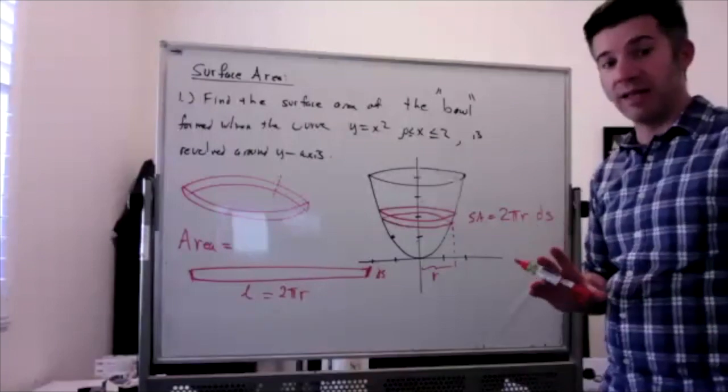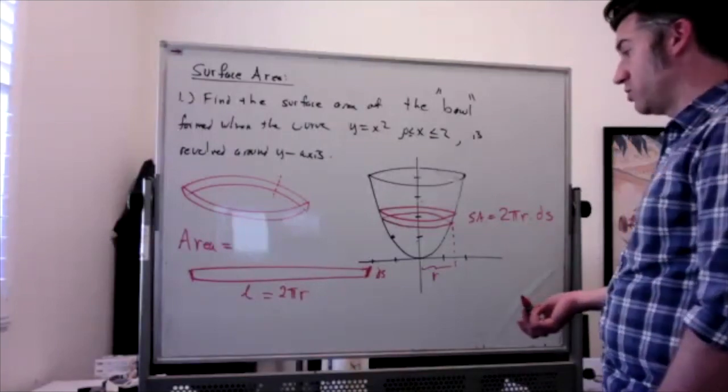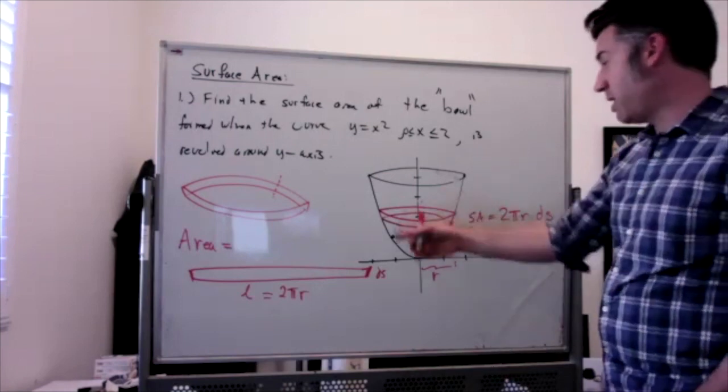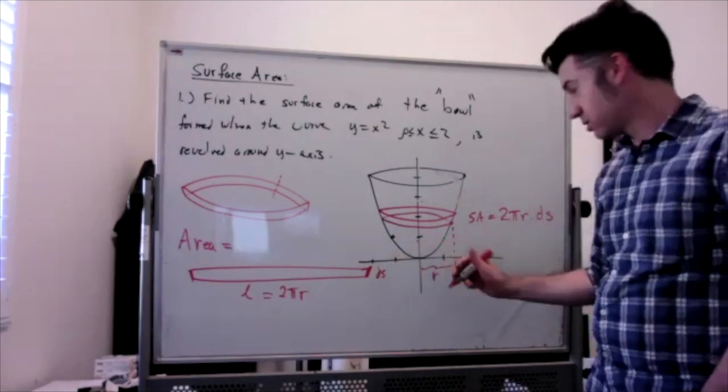Okay, this is where things get extra complicated. I want to do this in terms of x. For this band here, the radius, in terms of x, I've gone out x.